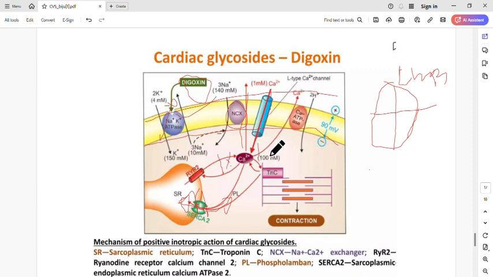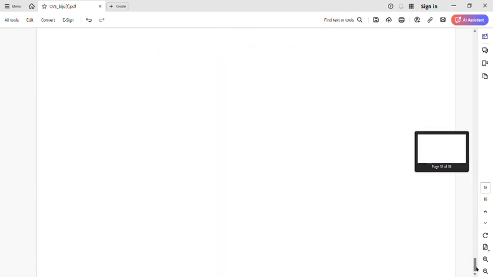Then the 1% calcium does not leave through the cell membrane, which causes more contraction. This is the mechanism of action of cardiac glycosides. Thank you for visiting.